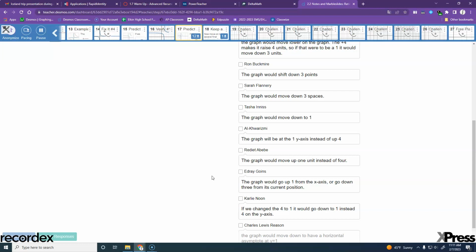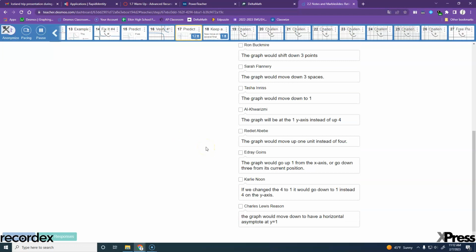The graph will be at the 1 on the y-axis instead of up 4. I would talk about asymptote here to be more specific on that. Again, here, the graph would move up 1 instead of 4. The person's getting the idea, but they mean parent function here instead of the graph that is original.